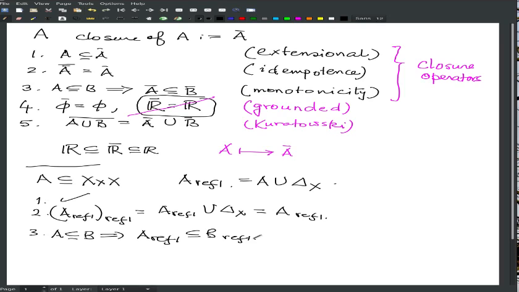Okay? So the reflexive closure is also another example of a closure operator. And you will see that the same thing holds for the symmetric closure, the transitive closure, and hence the equivalence closure.